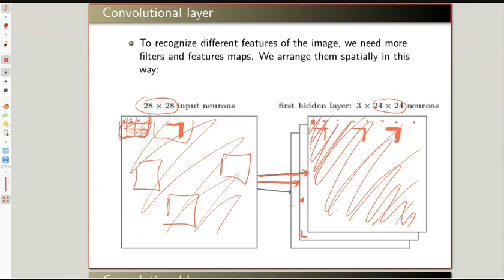For instance, color images are three different combinations of colors. For a color image, you have three channels: the green, the red, and the blue channel. So an image already has three channels. We are just doing this in the next layers.